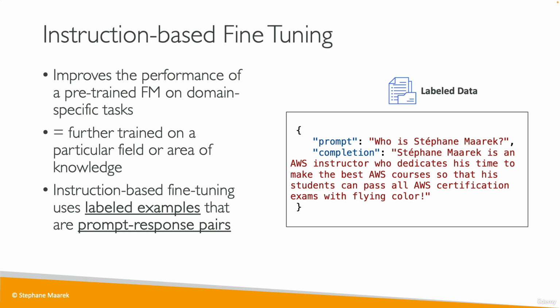So on top of giving information to the model, we are also showing the model how we want it to answer some questions, such as who is Stefan Marek. Maybe the answer the model had would already be similar, but with a different tone. This is where instruction-based fine-tuning is helpful.